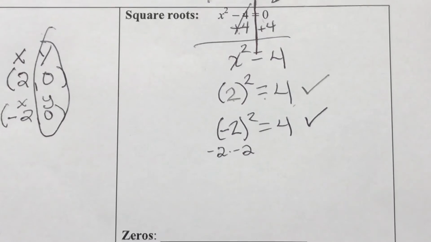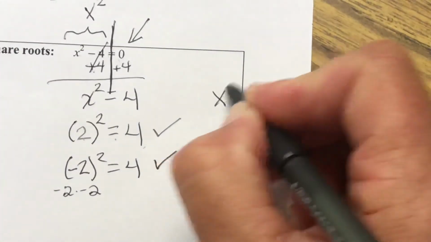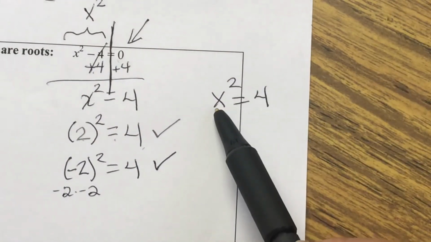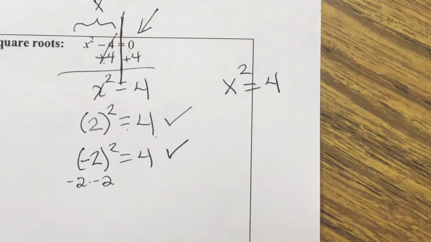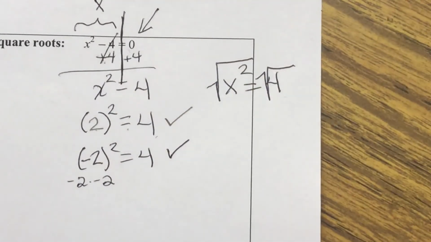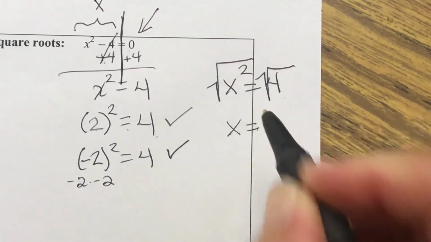That could be it. But instead of filling out a blank and guessing and checking, we're going to actually go back to our original equation, which is x squared equals 4. So I have x squared equal the number on the other side, and I'm going to use square roots on each side. The square root of x squared is x.